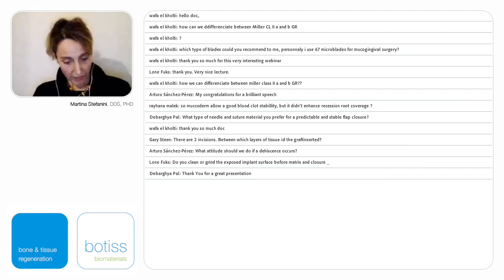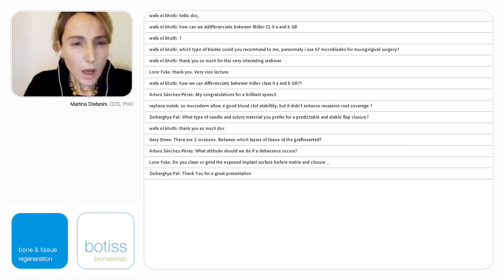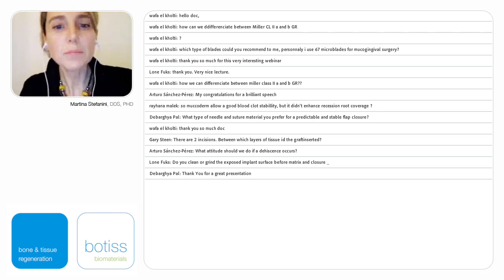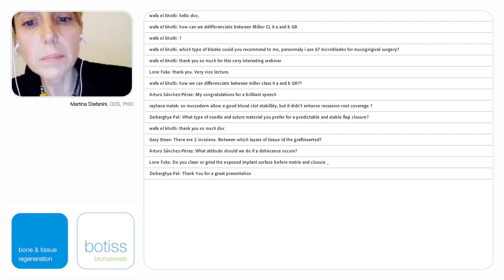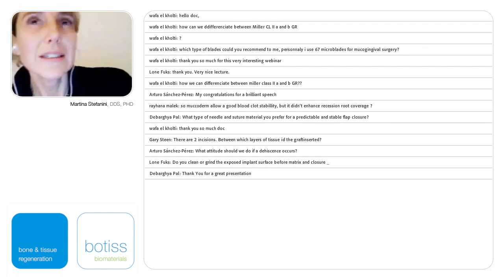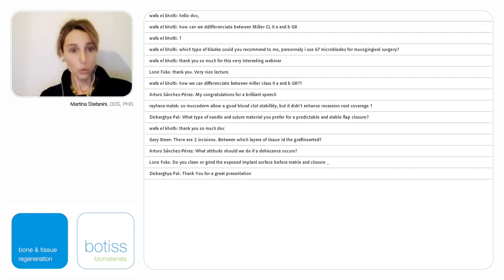And what I can tell you is also that there is a question: how can we differentiate between Miller class 2A and 2B gingival recession? The problem is that in Miller class 2, according to the definition of Miller, you are speaking about gingival recession with no keratinized tissue at all.